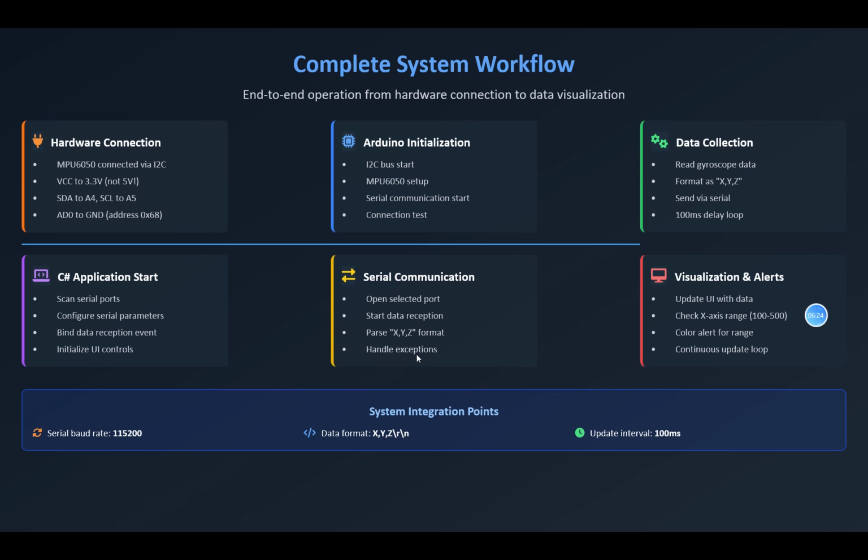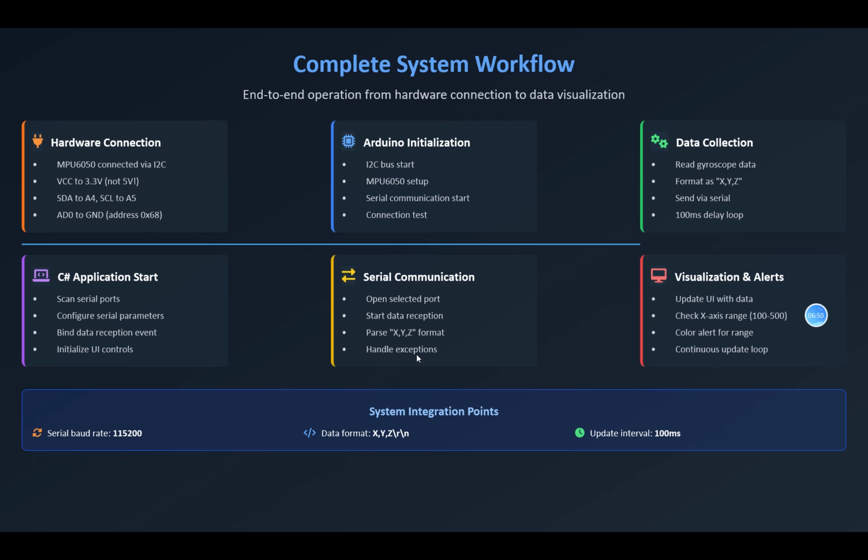Then the Arduino initialization: the I2C bus starts, the MPU 6050 is set up, serial communication starts, and the connection is tested. The data collection sends the gyroscope data in XYZ format via serial with a 100 ms delay loop.